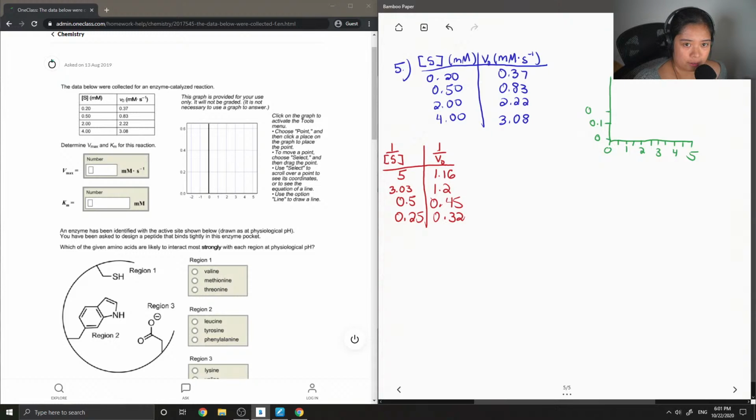No, that's not going to work. Let's do 0.2. So just like a rough graph, I'm going to try to plot these.